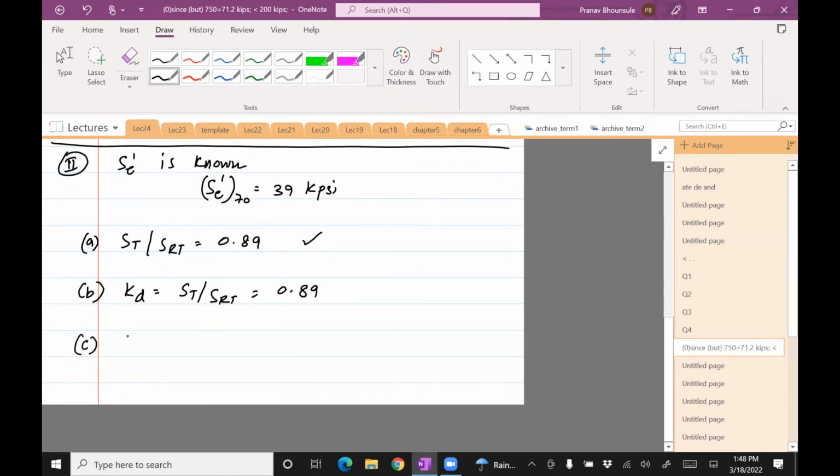And then part C says, in order to get SE at 750, we do KD times SE prime at 70. So 0.89 times 39 is 35 kPSI.